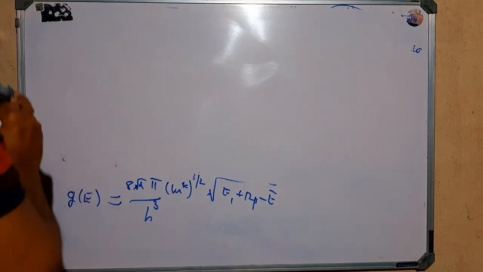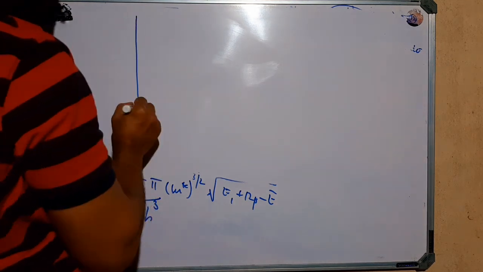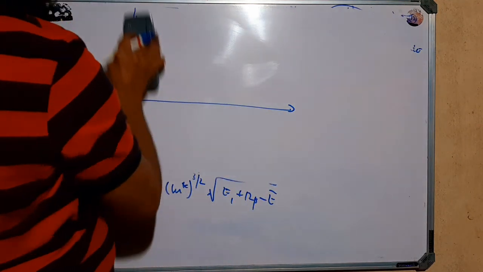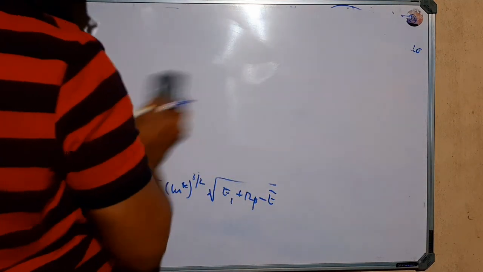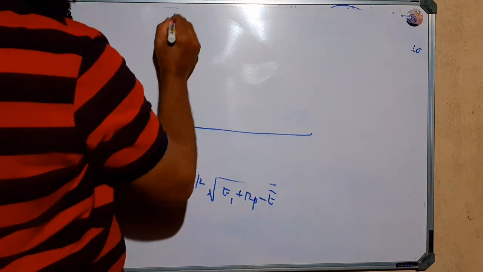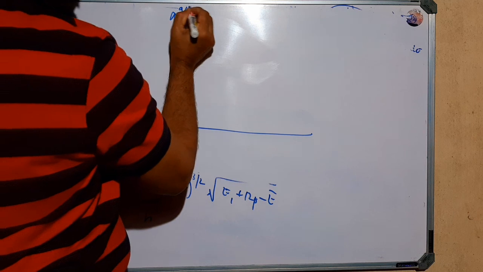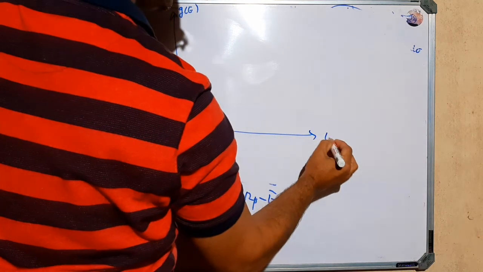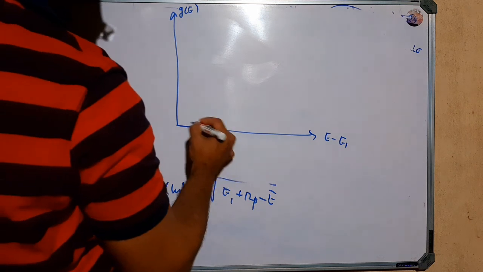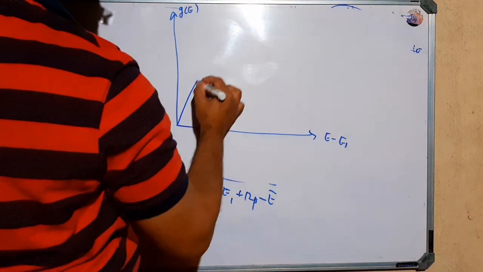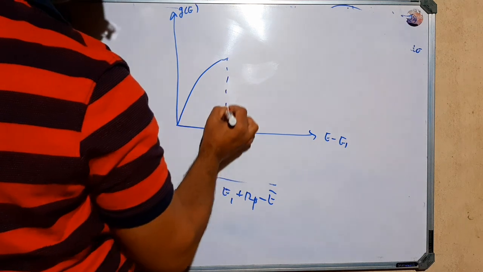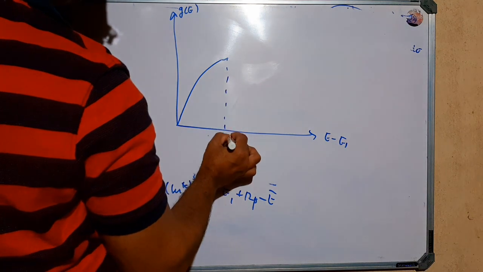If you plot a graph connecting g of E versus E minus E1, you observe a parabolic variation up to 4 beta.